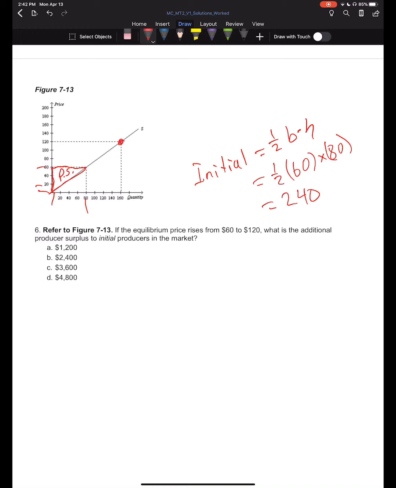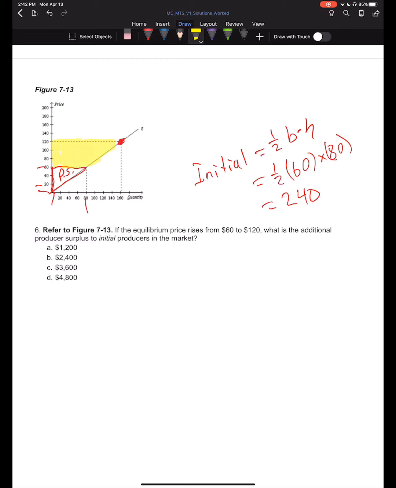Once the price rises to 120, we see that the total area gained is all of this area that I'm highlighting, right?